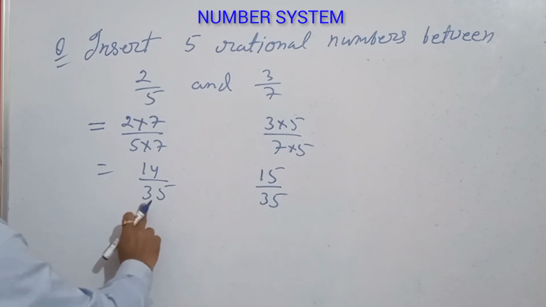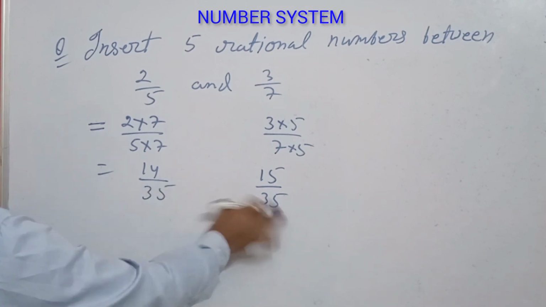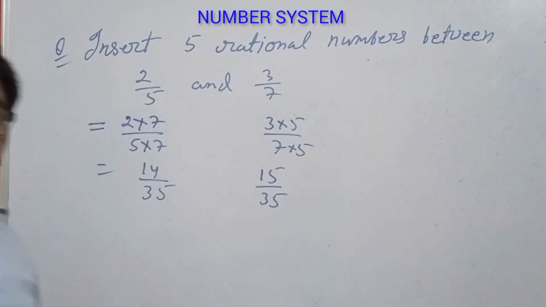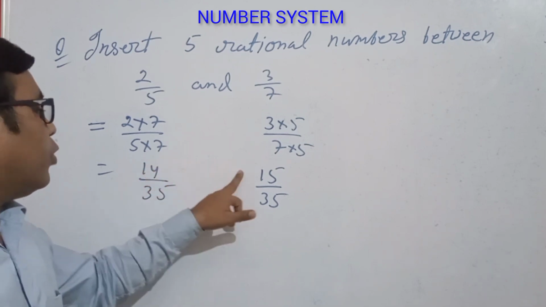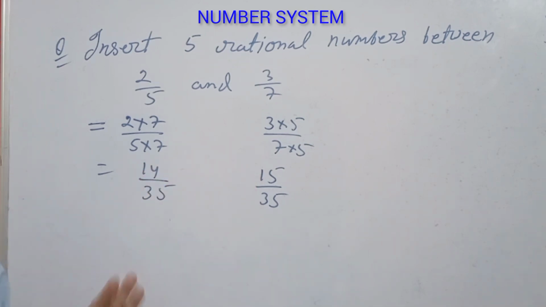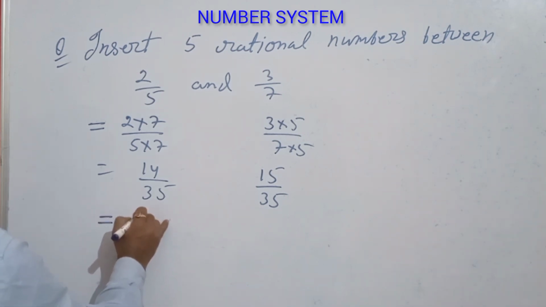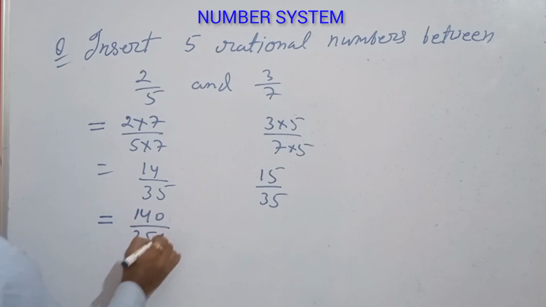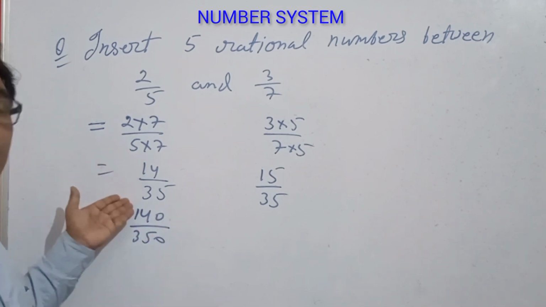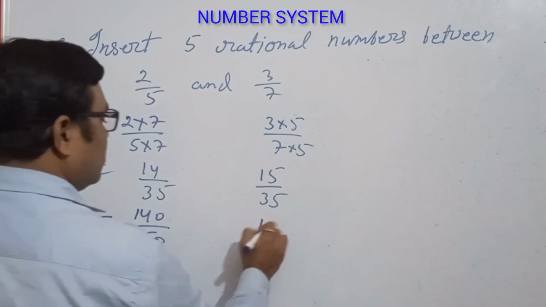Now we can see the denominators of these two rational numbers are the same, but between numerators 14 and 15 there is no integer. So again we will multiply numerator and denominator by 10.